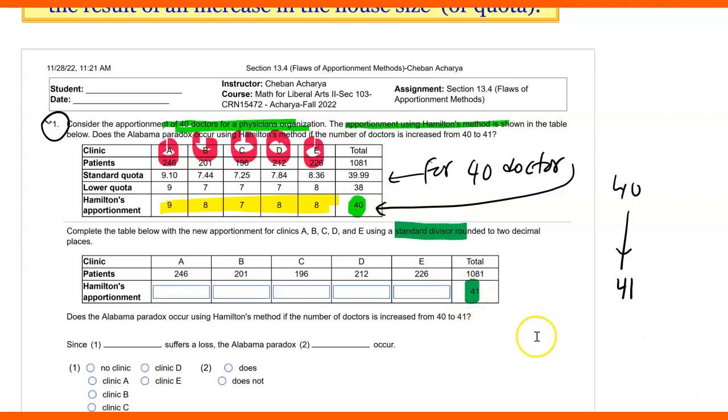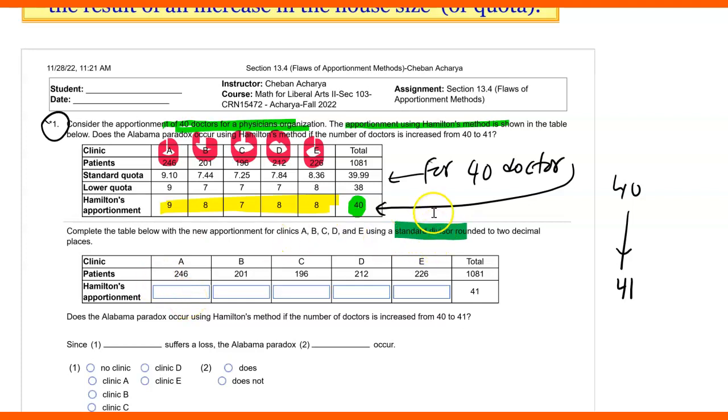Again, I told you that you should know how to do Hamilton in this section. Therefore, my assumption is you know how to do Hamilton for this table, but I'm just going to write down the final apportionment. You can pause the video, do the Hamilton, and check your answer with my numbers.